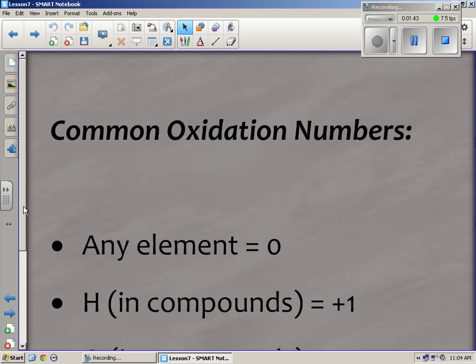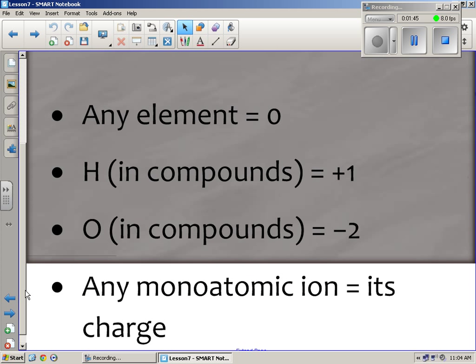Common oxidation numbers. When you go to write oxidation numbers down, any element by itself is 0. So lead, solid, 0. Cobalt, solid, 0. Copper, solid, 0.